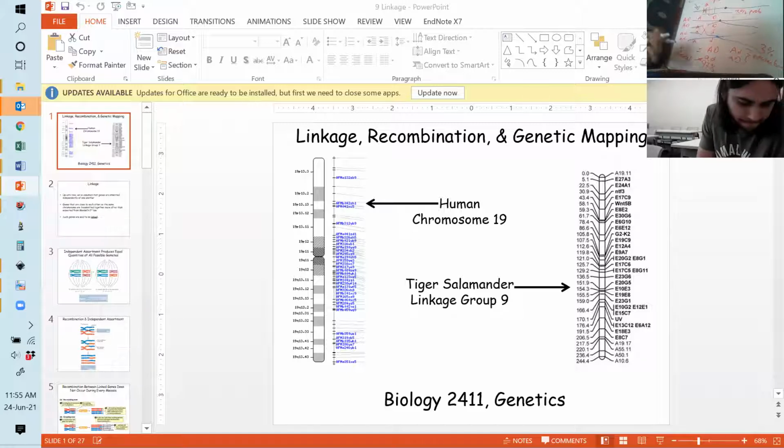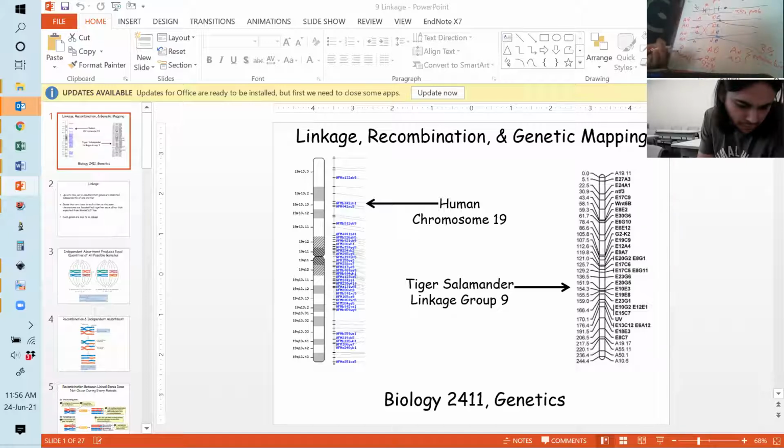What about if you're actually looking at genes A and E, right? Which are 4 times further apart.